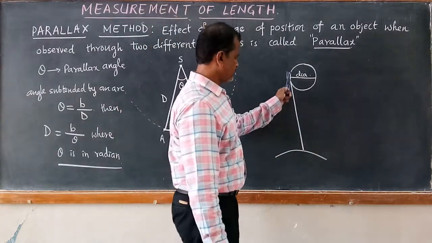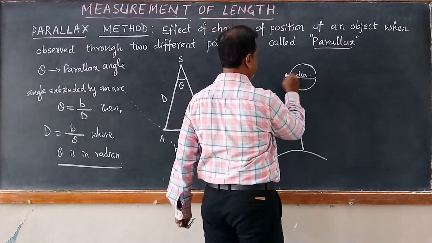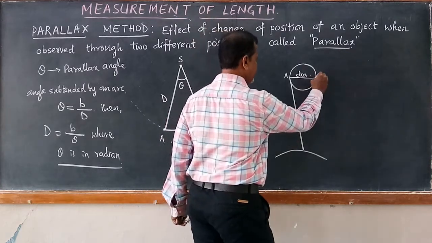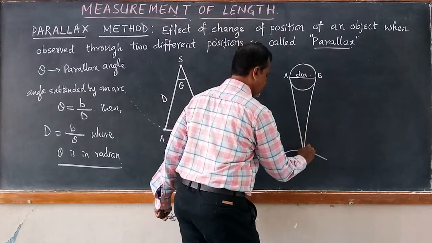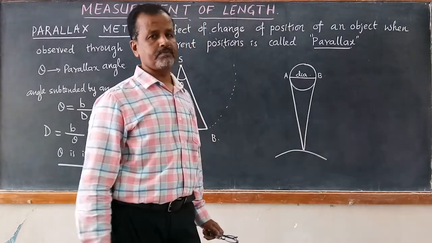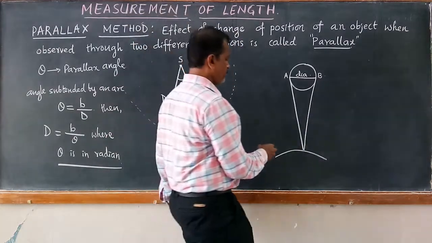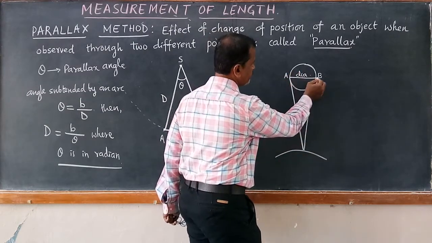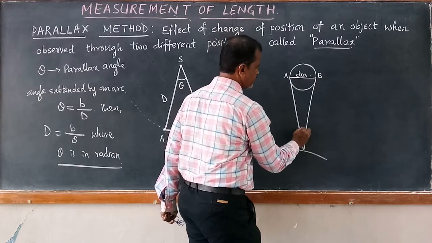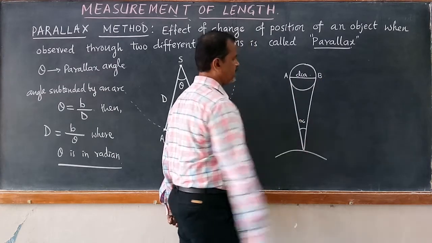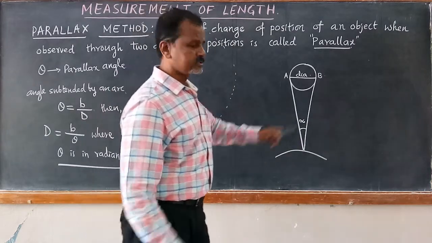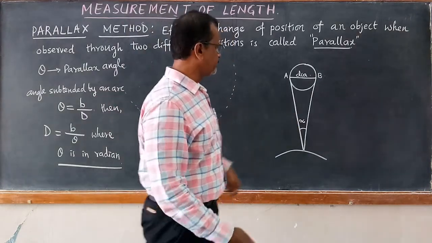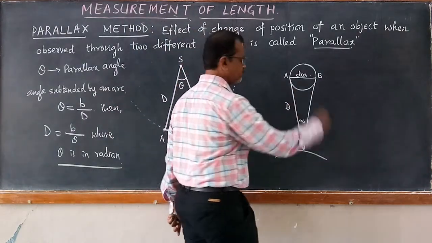In the sense, first with respect to particular point A, let us take this point A and this point as B. So we have to measure this angle made by AB at this point with the help of telescope, by noting down the initial position of A and then shifting it to position B. If we measure this angle, suppose we call this angle as alpha. So angle alpha now gives us the angular diameter. So if we measure this angular diameter, then this distance d can be measured.